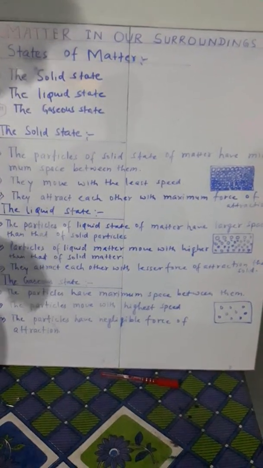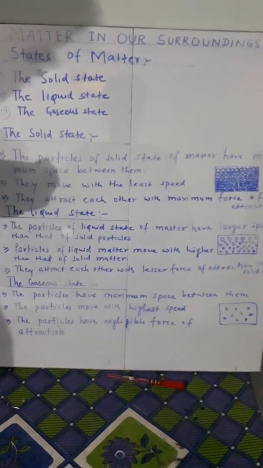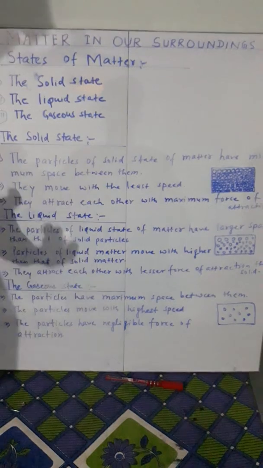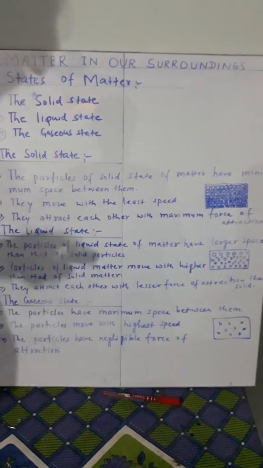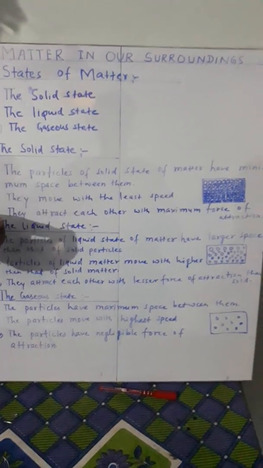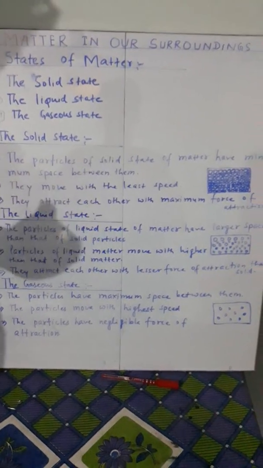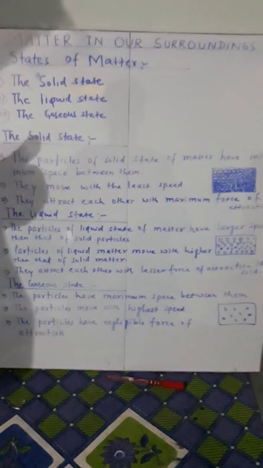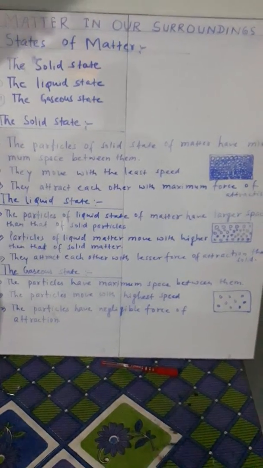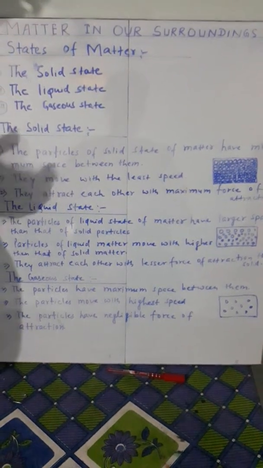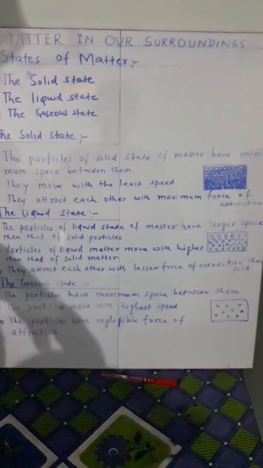Suppose I put some drops of a color, blue or black, in water. At the same time, we put some solid matter to diffuse in the same liquid. What will we observe? We will observe that diffusion in liquid is faster than in solid.